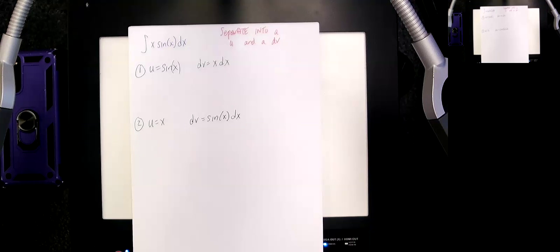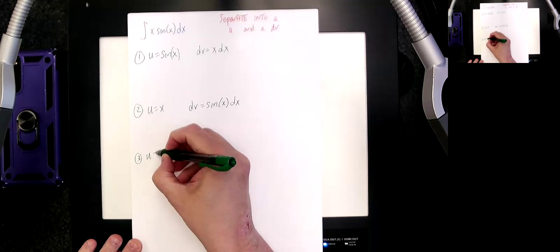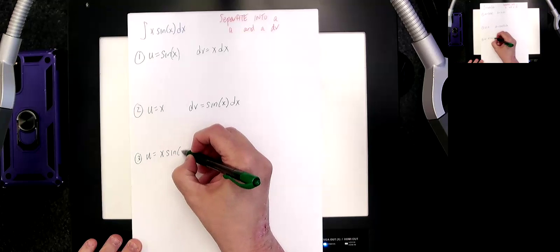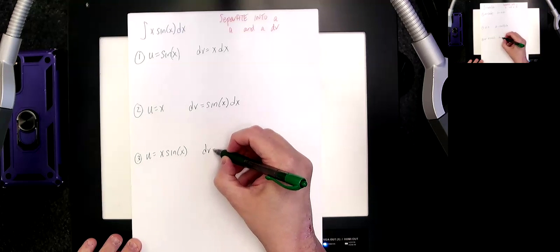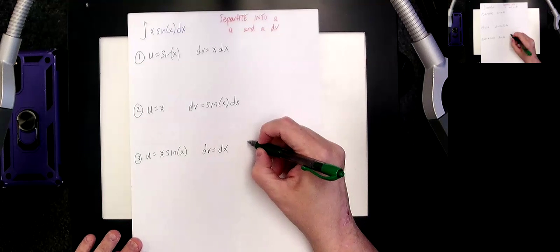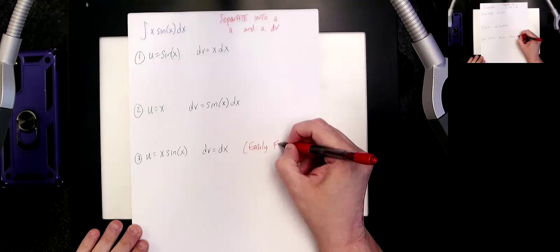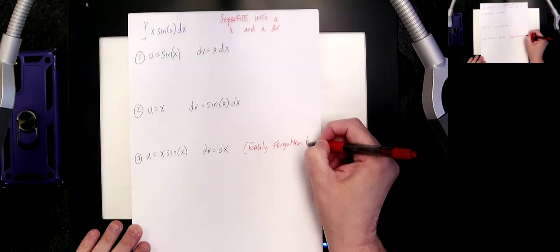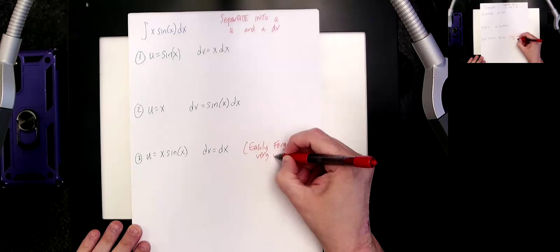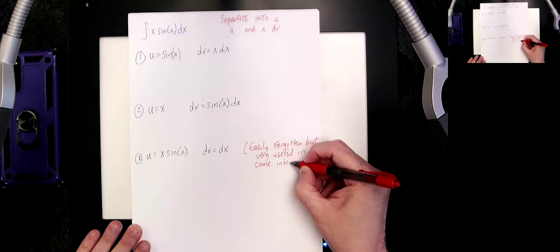Options 3 and 4 are ones that happen sometimes. 4 never happens. But I'll show 3 real quick. 3 is setting u to equal everything you see, x times sine x, and then letting dv equal dx. This is one that's easily forgotten, but very useful in some setups, some integrations.